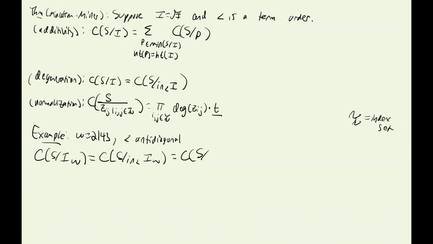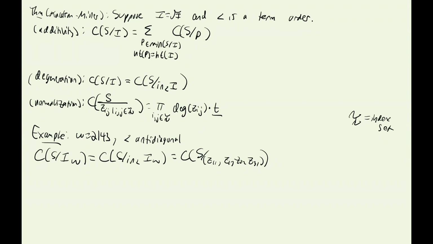So S mod Z11, Z13, Z22, sorry, I guess before I want to make this, why don't I just make this a product first? Z13, Z22, Z31. So this is the antidiagonal initial ideal.